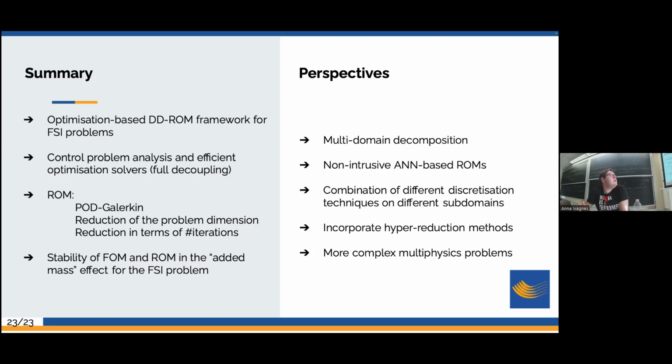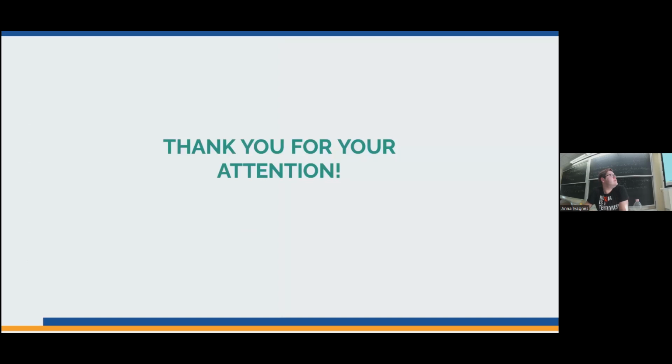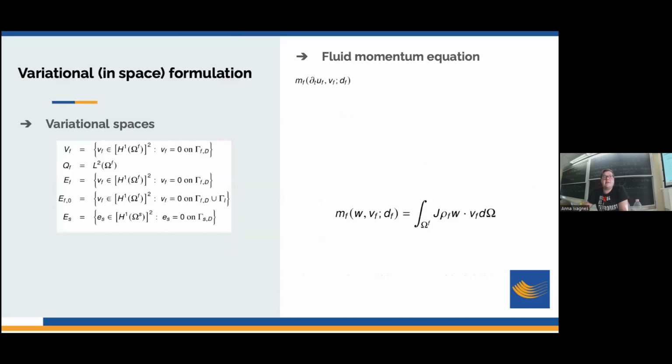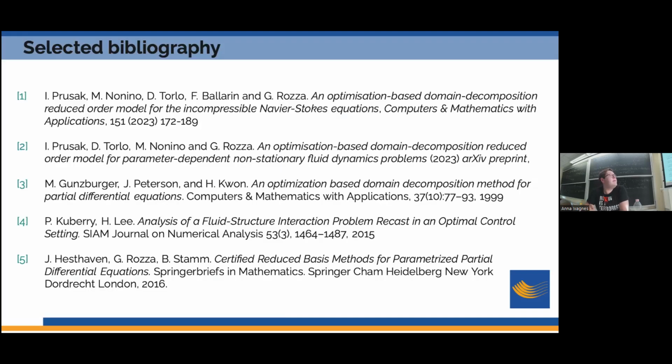Then it's very important to incorporate hyper-reduction methods in order to decrease the computation time in the online stage. And there is always an interest in considering more complex multi-physics problems. That's it on my side, and here you can see some bibliography. If you have any questions, I will be very happy to answer.